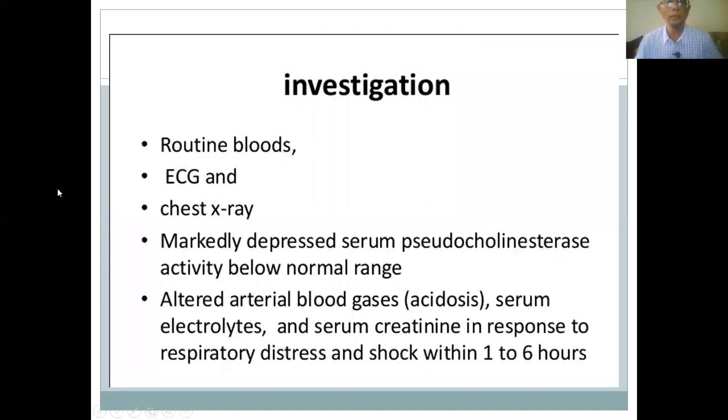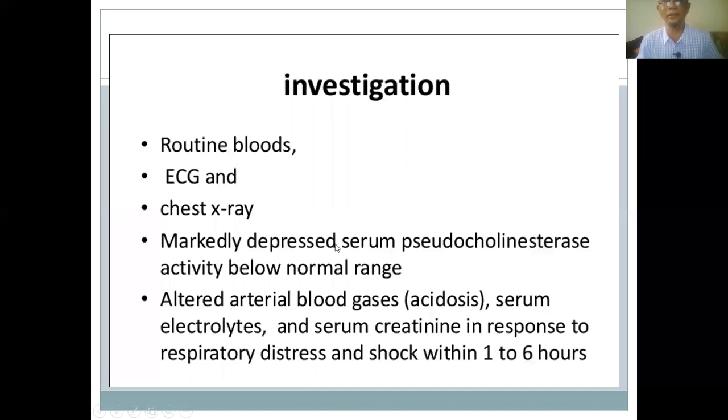Now comes the investigations. Routine blood test, complete blood count, ECG, you can get some changes. In chest X-ray, some opacities can occur, and there is a marked depressed serum pseudocholinesterase activity below the normal range.